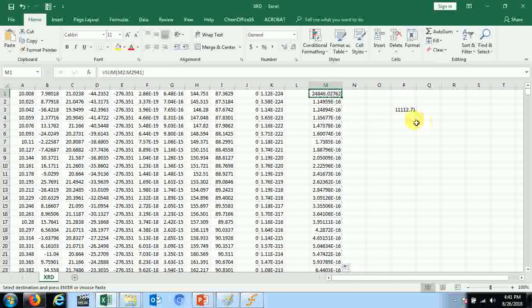This is the area under the peak for the second peak.